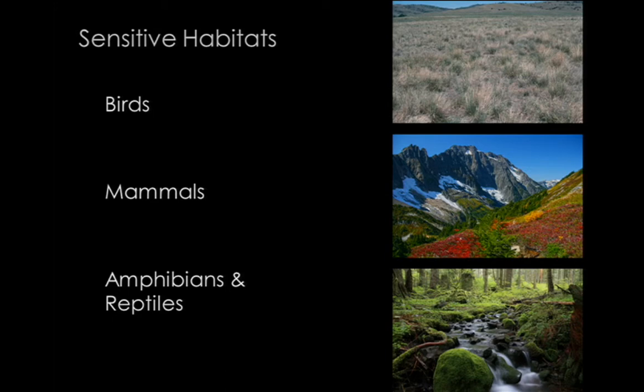Now, there are a multitude of different sensitive habitats out there, and this is climatically sensitive habitats. For birds, it was grasslands and balds. For mammals, it was alpine areas, and for amphibians and reptiles, seasonal streams and the riparian areas associated with them.